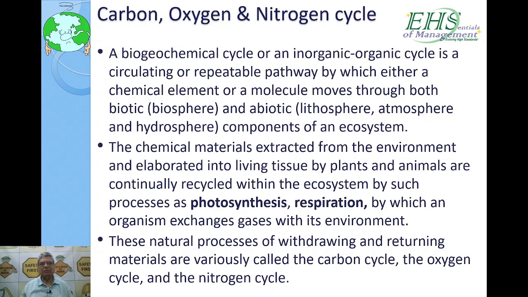A biogeochemical cycle or an inorganic organic cycle is a circulating or repeatable pathway by which either a chemical element or a molecule moves through both the biotic, that is the biosphere, and the abiotic, that is the lithosphere, atmosphere and hydrosphere. So it is an exchange of the chemical elements and molecules between the biotic world and the abiotic world, or the biotic component and the abiotic component of an ecosystem.